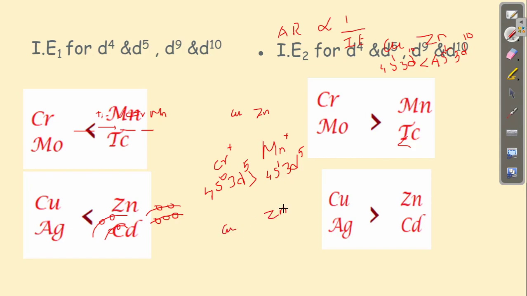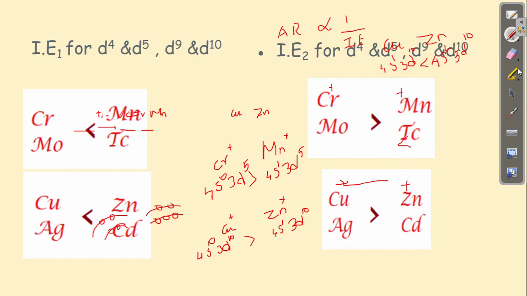It is the second ionization enthalpy, IE2. Copper plus will have 4s0 and 3d10 electrons, and zinc plus will have 4s1 3d10 electrons. So obviously copper plus will have more ionization enthalpy than zinc plus. I should write here plus. Okay, sorry.